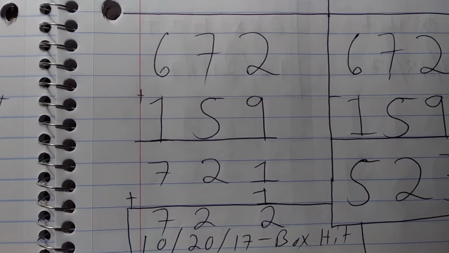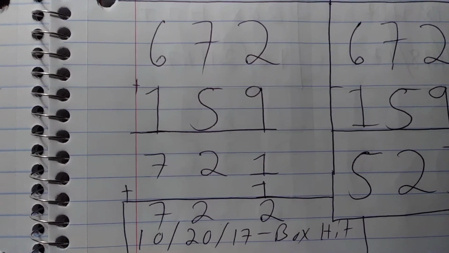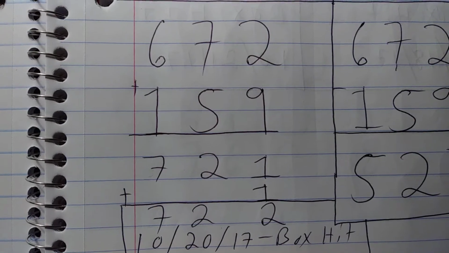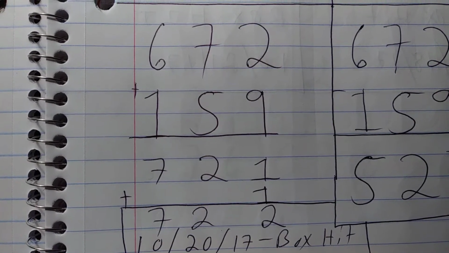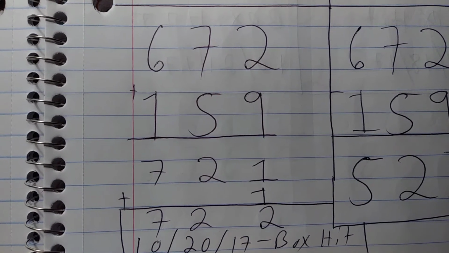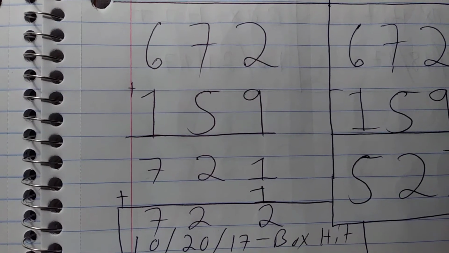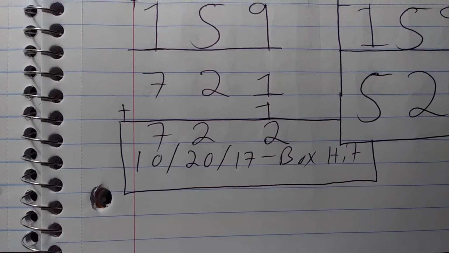You're going to also take 672, which you got from up here. 672 plus 159, 2 plus 9 is 11, keep the 1. 7 plus 5 is 12, keep the 2, and then 6 plus 1 is 7, so 721, and then you're going to add 1 to that 1 right there, and that'll bring it to 722, which was a box hit on October 20th.